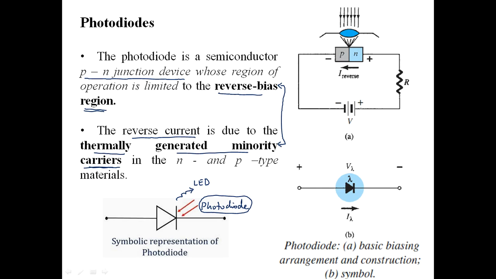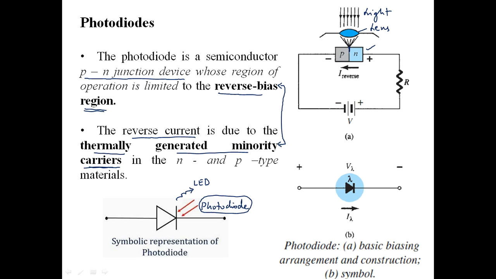But yes, the basic arrangement and the construction of a photodiode, how does it look like? It's a simple PN junction diode, and that's the light energy which is being made to fall. And I think this is a lens, the optical lens, which directs the light and ensures that it falls at this particular region.